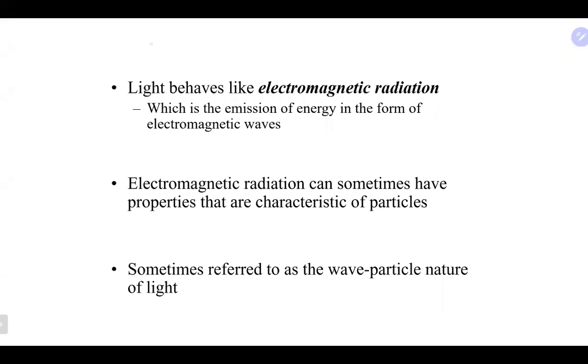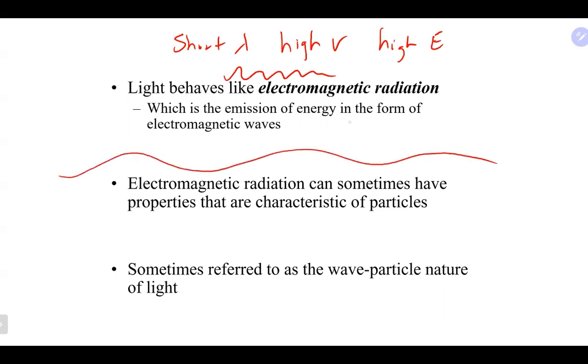If we have a very short wavelength, a high frequency, that usually is a high energy wave. If we have longer wavelengths and a lower frequency, that is usually lower in energy.